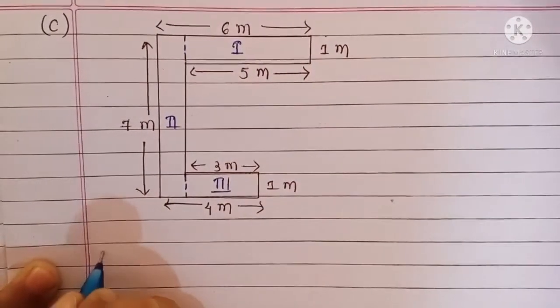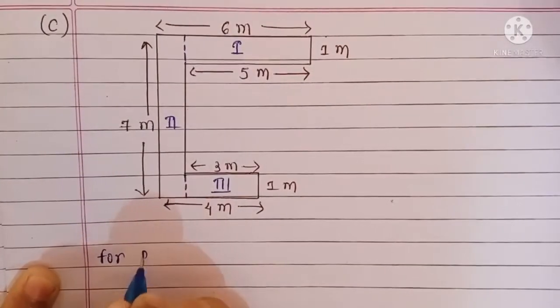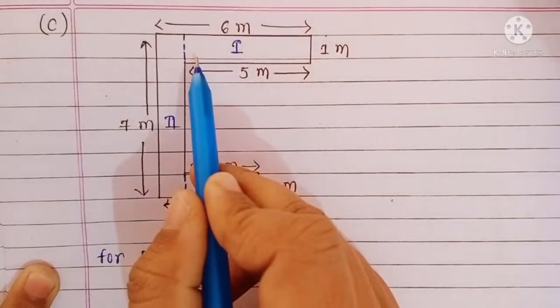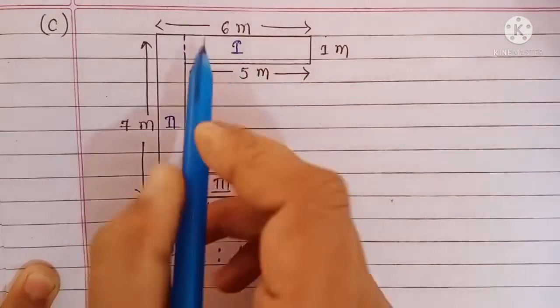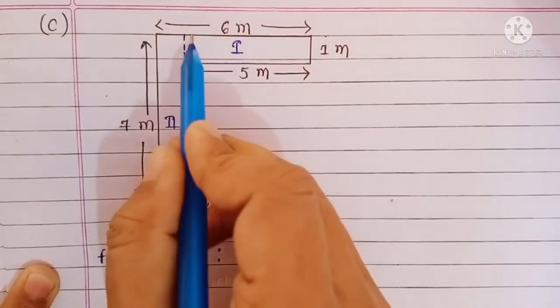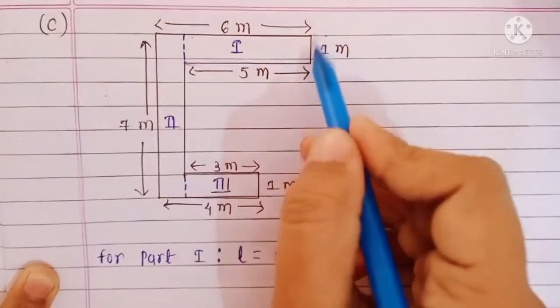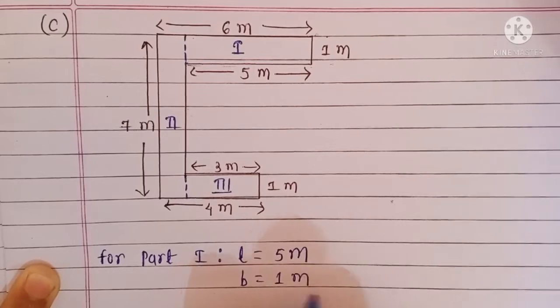So, for part 1, length is 5 मीटर. हम यहाँ पे ऑब्जर्व कर सकते हैं कि ये फर्स्ट पार्ट की लेंथ क्या है, 5 मीटर है एंड ब्रेड्थ 1 मीटर है. सो b इज इक्वल टू 1 मीटर.